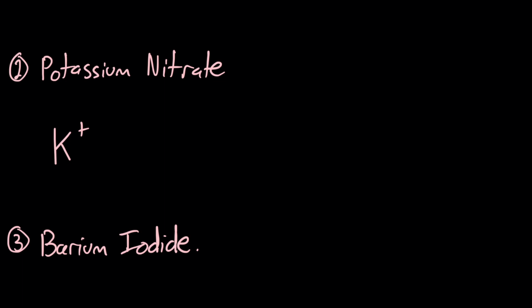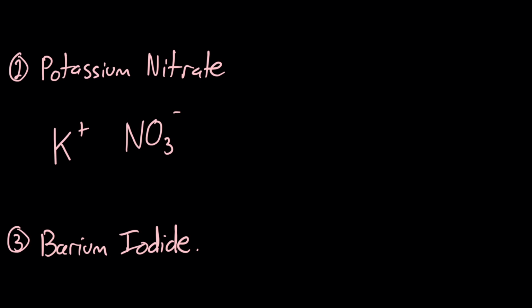And nitrate, this is our first polyatomic ion that we're going to talk about, is NO3-. So polyatomic, that just means it's going to have more than one species that makes it up. So we have nitrogen as well as 3 oxygen. That's going to make up NO3-.